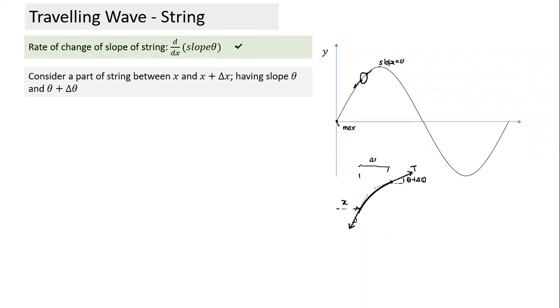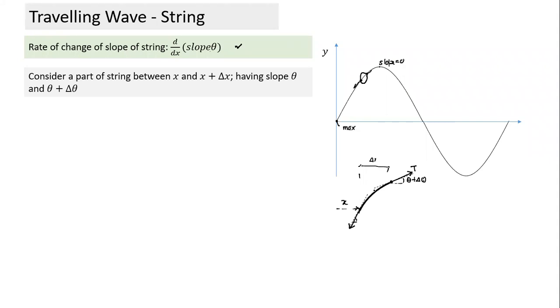Had the slopes been equal, these forces would have cancelled out. They would have been equal and opposite. But since the slopes are not equal, they give rise to a net force in the vertical direction. We'll ignore the horizontal component here. And since there is a net force in the vertical direction, this piece of string will get accelerated.